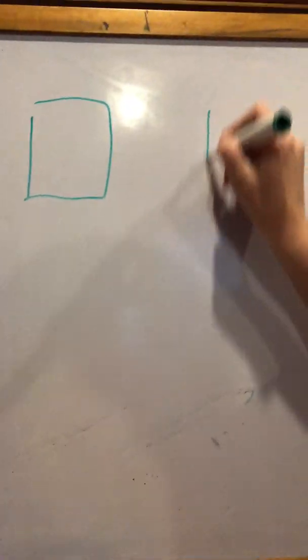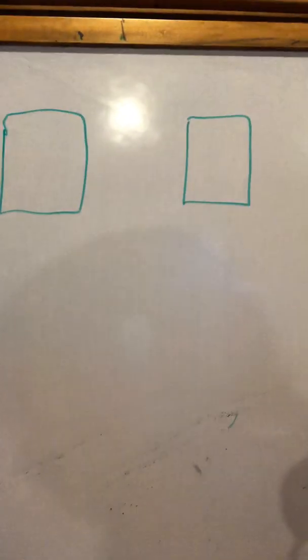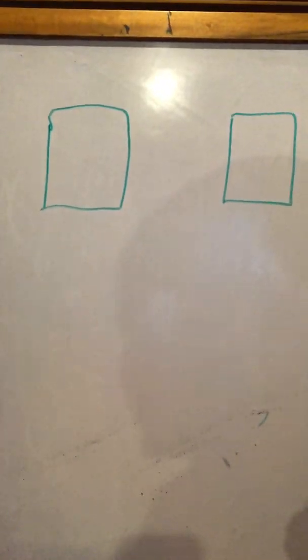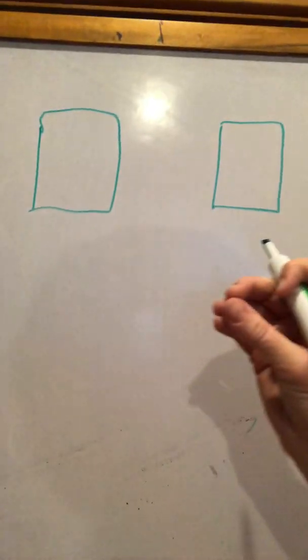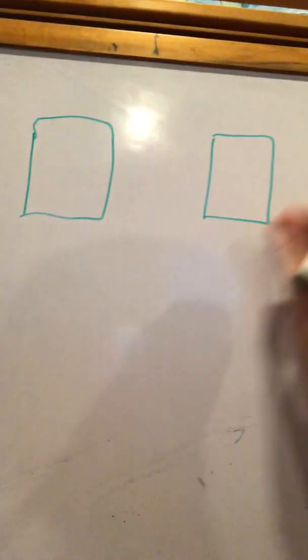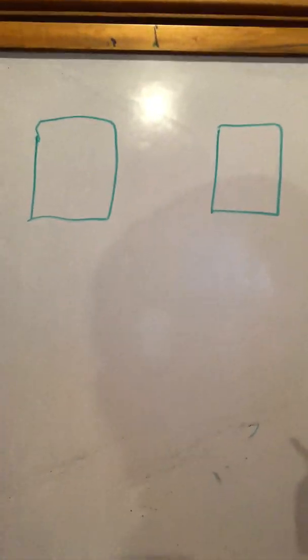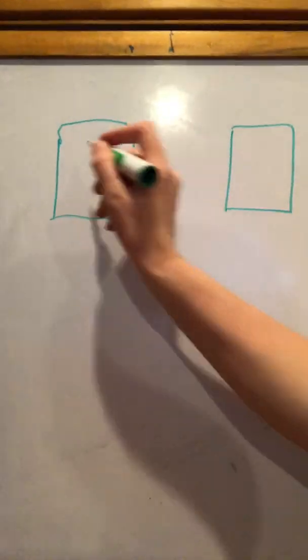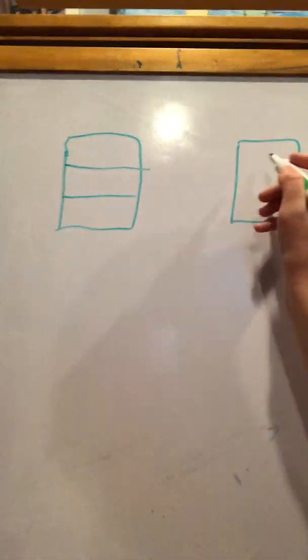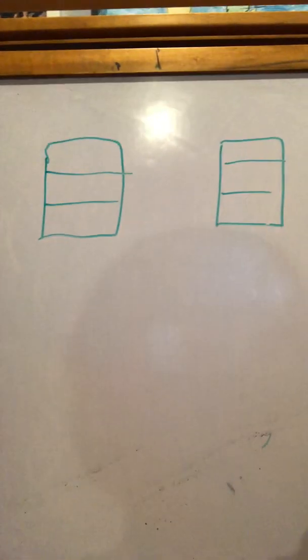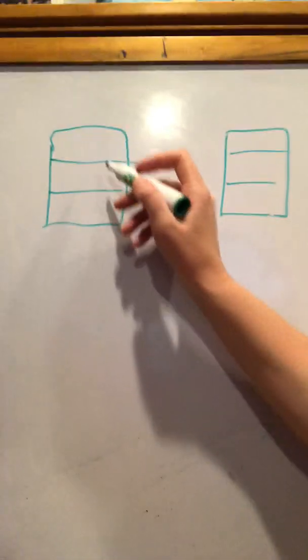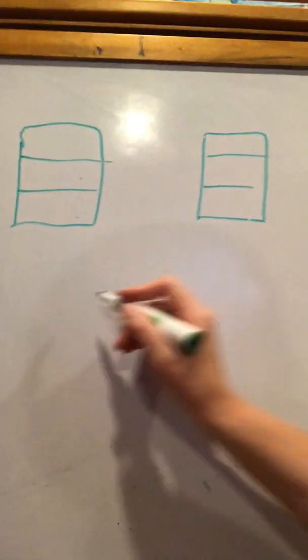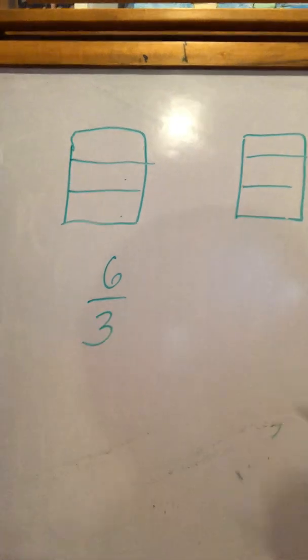So another way I was thinking about it is, again, there's my 2 cups of food. I was trying to figure out how many thirds I have all together here. If I broke these up into thirds, how many thirds do I have total? 1, 2, 3, 4, 5, 6. This is 6 thirds.